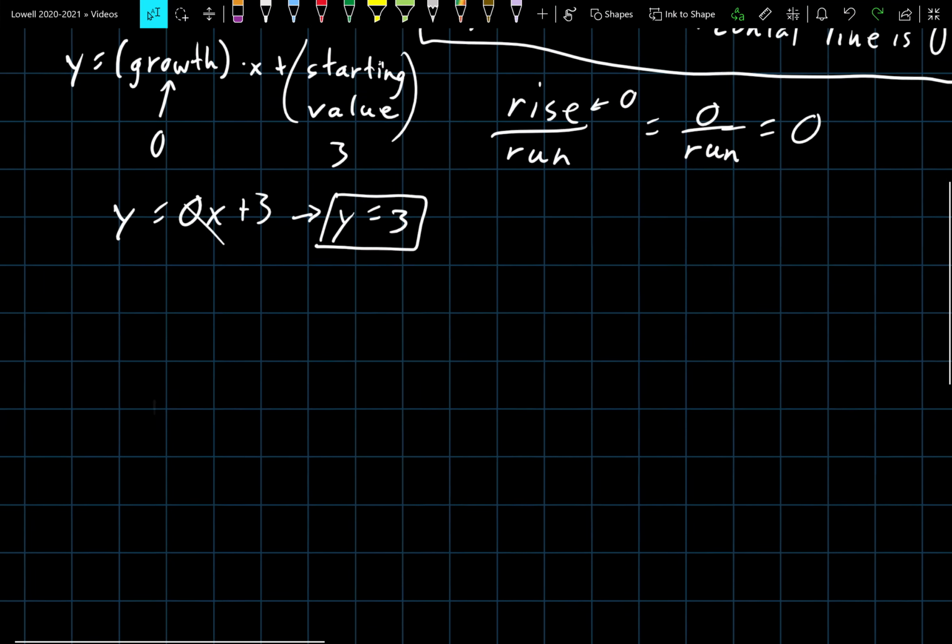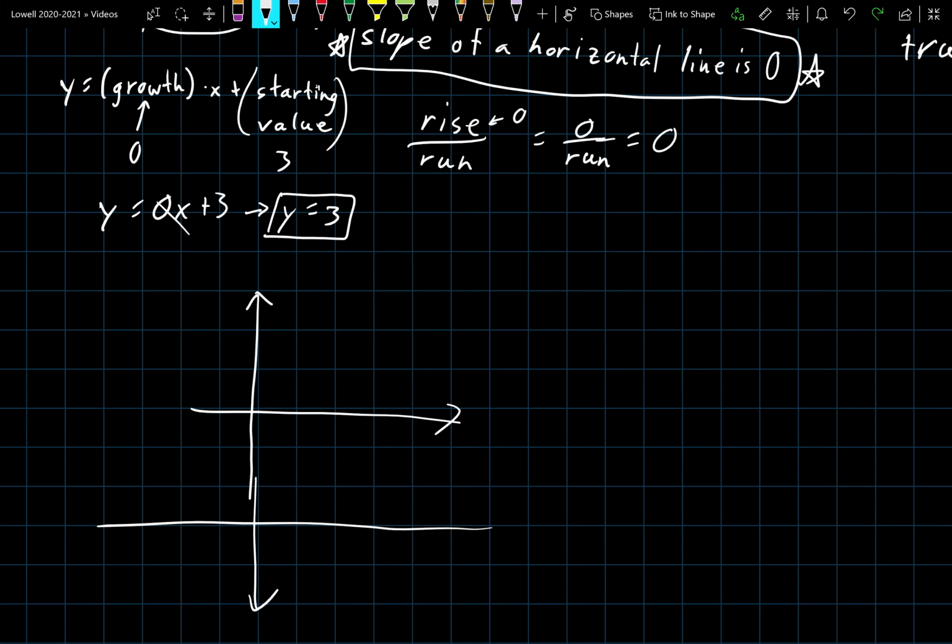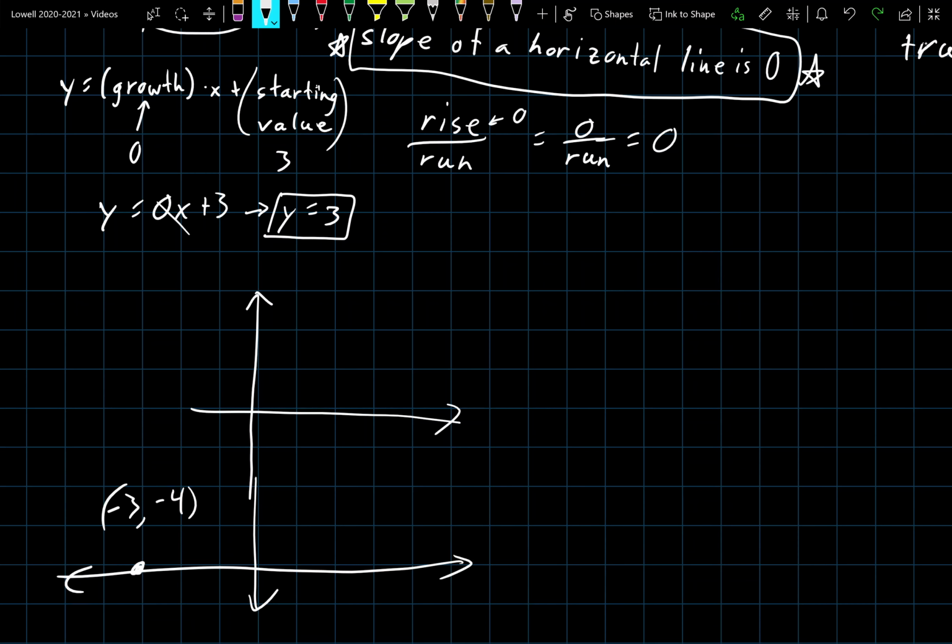We could take one more look at an example here. If I have a horizontal line right here, not too crazy, maybe this one is down here and passes through this point. Let's say that this point right here is (-3, -4).